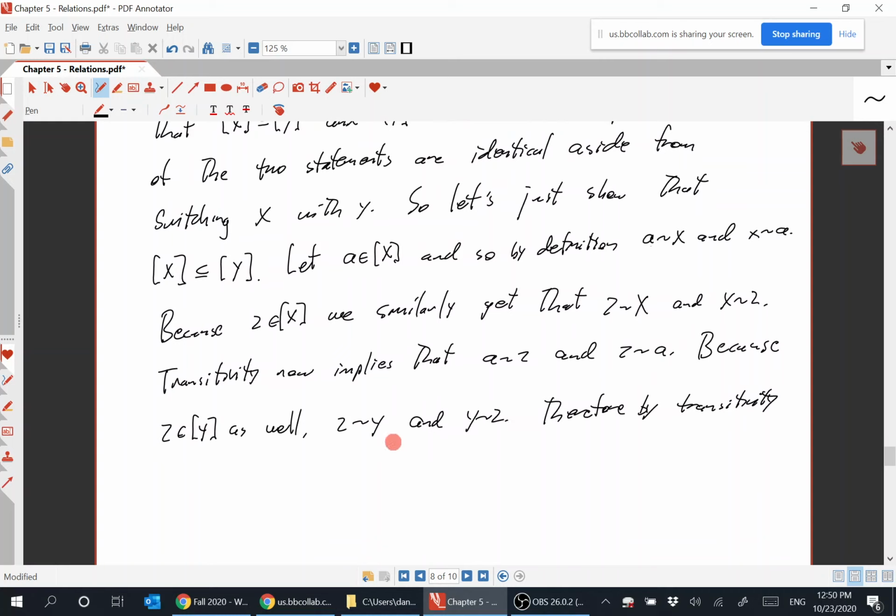We're looking for A in this Y case. Y is related to A, and A is related to Y. So A is also in what set? Bracket Y.